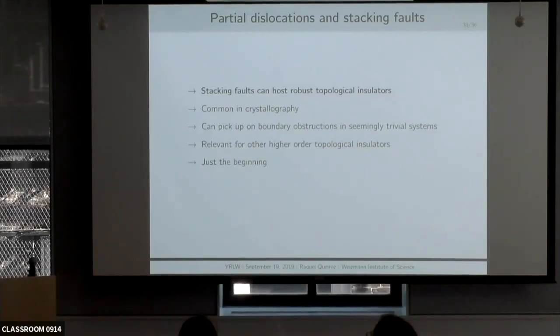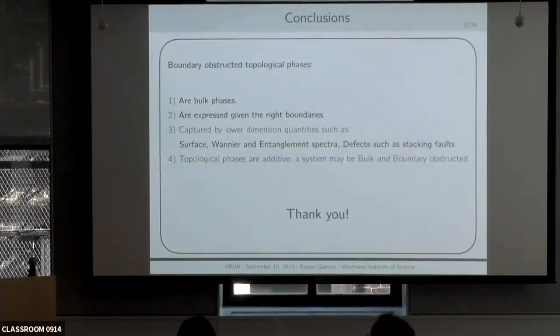And in this case, they will pick up on boundary obstructions, and they are relevant for all kinds of higher order topological insulators. And this is just the beginning of understanding what kind of topology you could have in these types of defects. So let me just conclude.